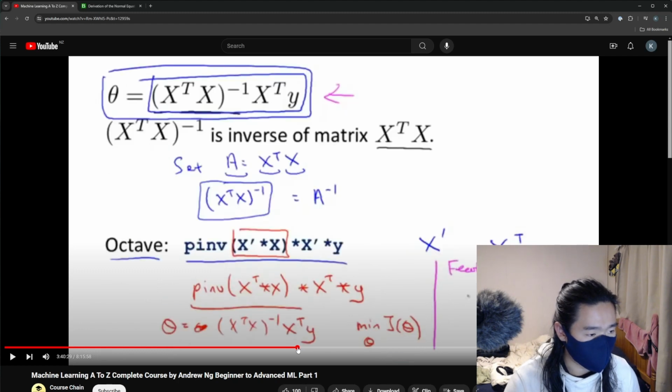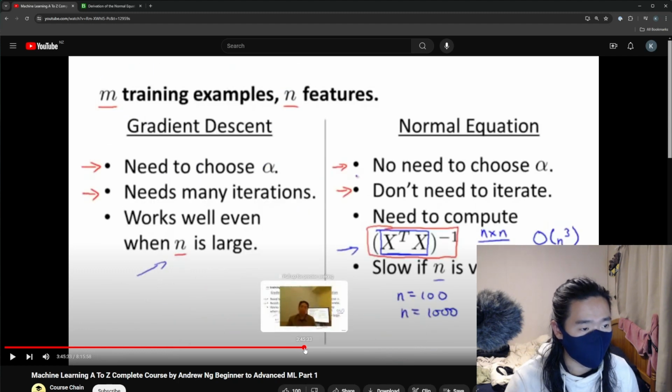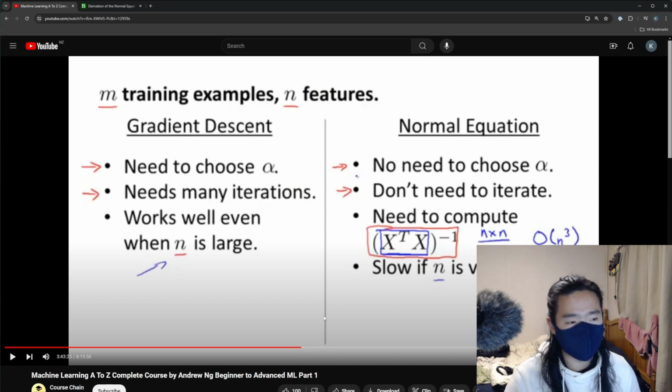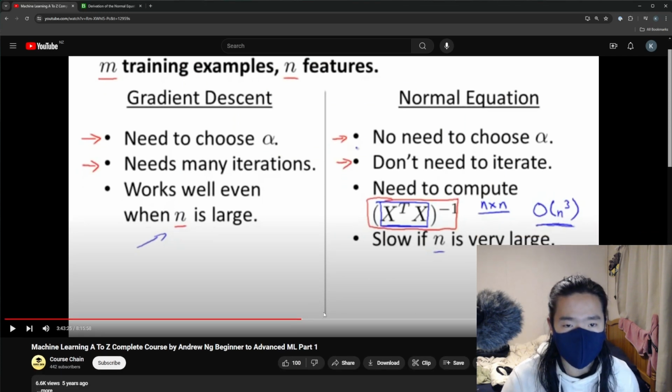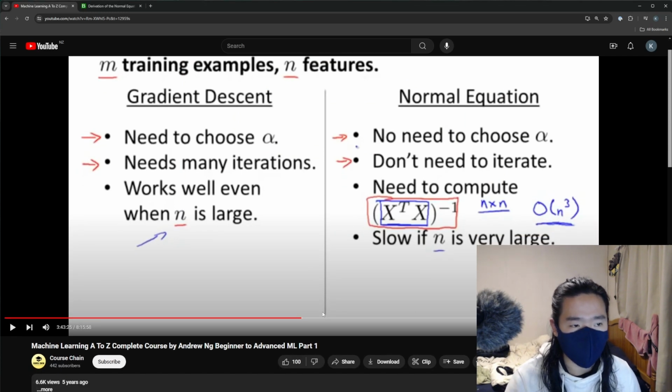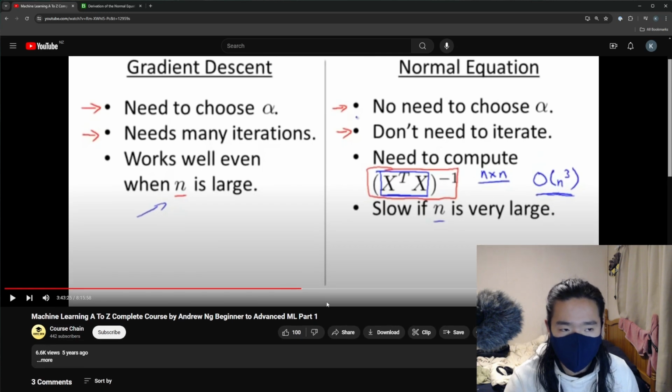And this is really good because it's got a few benefits for simple linear equation cases. For one, you don't need to choose an alpha, you don't need to do an expensive iteration if your data set and your feature size is small. If you had to do, say, feature normalization earlier, you don't have to do it with this because realistically it doesn't matter too much.